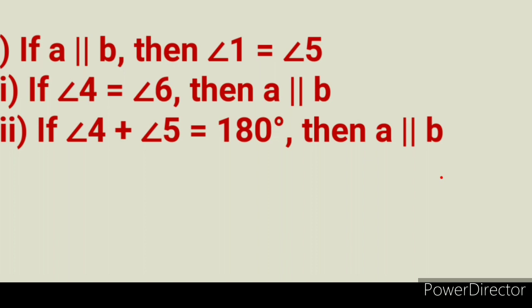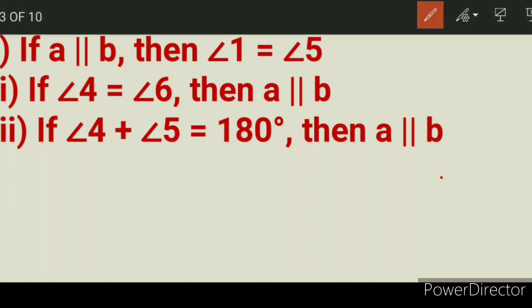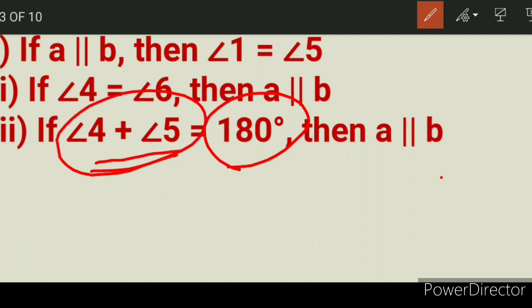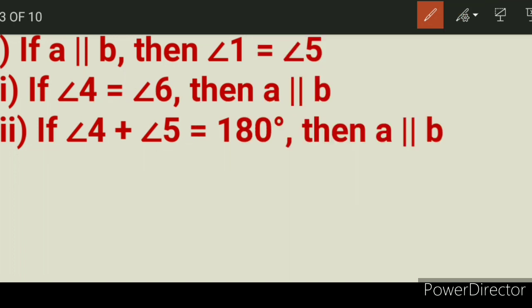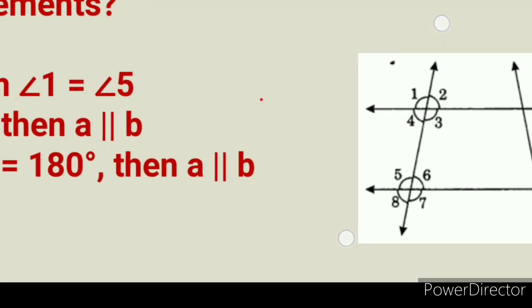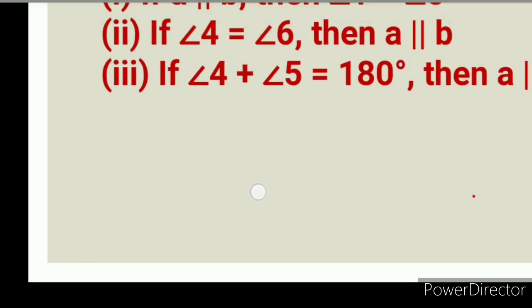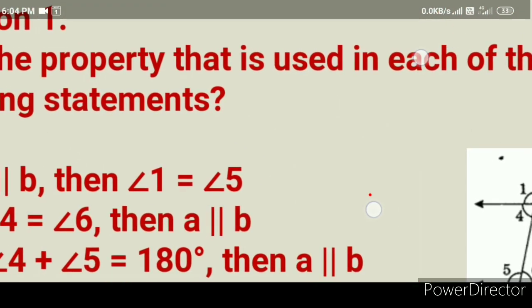Okay. Third one: angle 4 plus angle 5 is equal to 180 degrees. The sum of these two angles is 180 degrees. We have two categories of supplementary angles: one is linear pair, another is co-interior angles. Which category are these two? We'll see the figure. Angle 4 and 5.